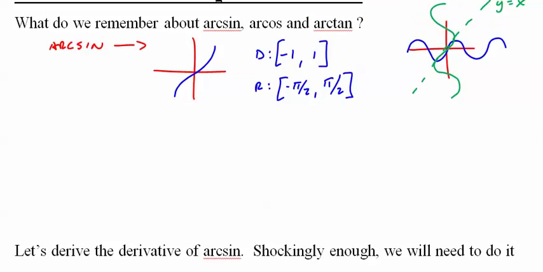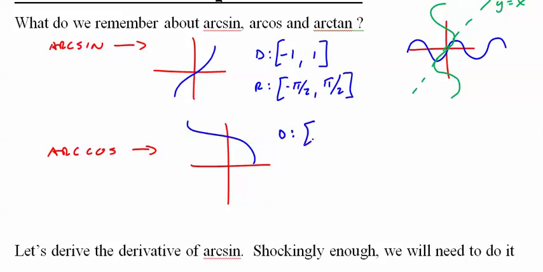And just real quick, for arc cosine, we'll go with something like that. Domain again is from -1 to 1. Range is from negative... I'm not so sure about that now that I look at it.